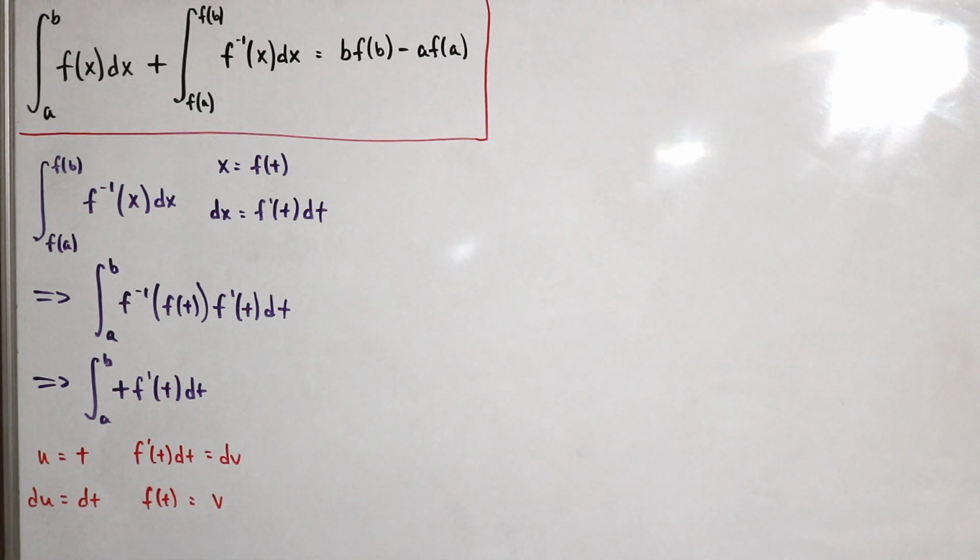Now we can just plug our pieces back in: u times v, minus the integral of v du.